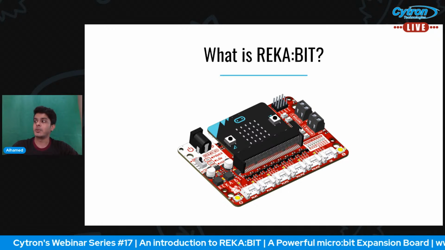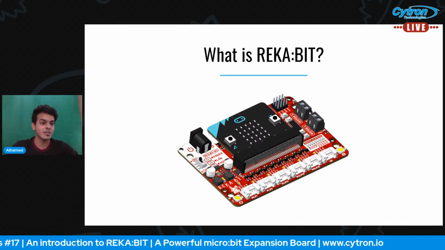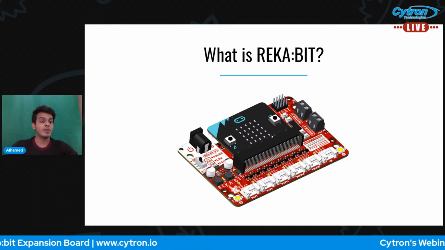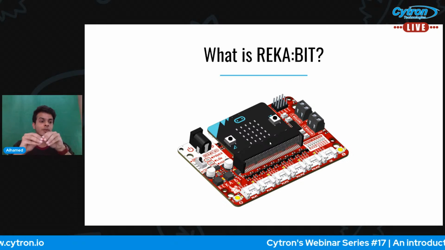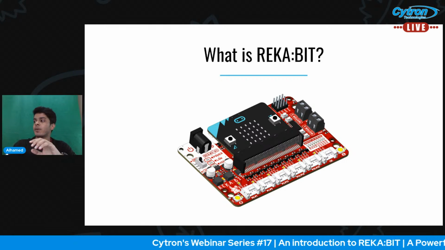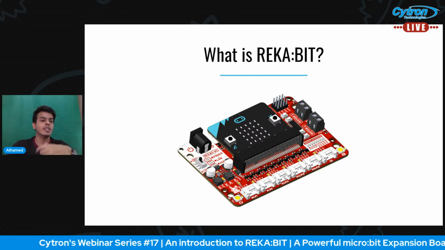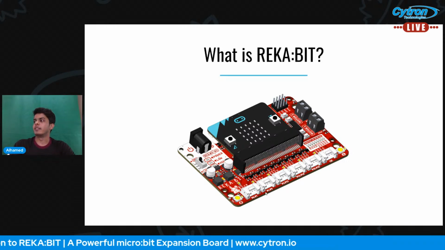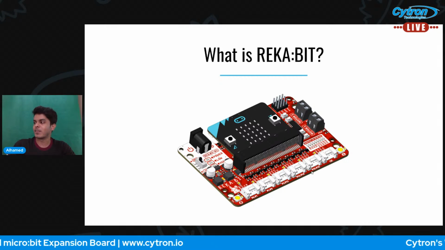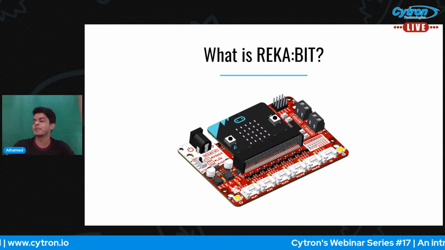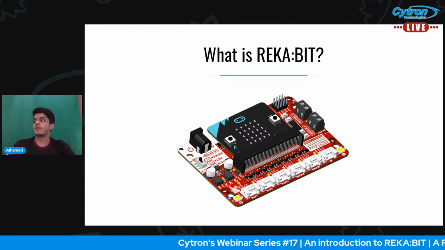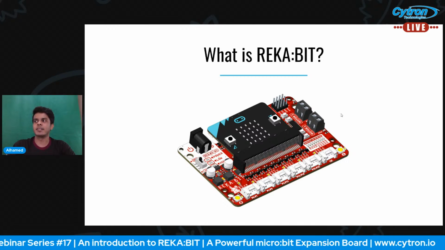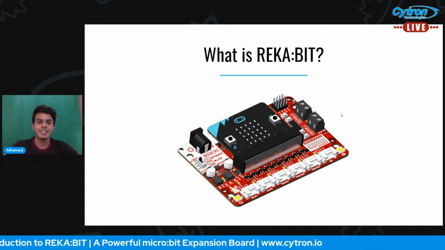It comes with 2 DC motor terminals and 4 ports for servo motors. Also, and this is a really good thing, it takes out the pins of the microbit to the Grove ports over here, which makes it much easier for the user to connect sensors. It also has 2 LEDs with RGB colors, and we also have digital input and output status. This is the overview of the REKA bit.